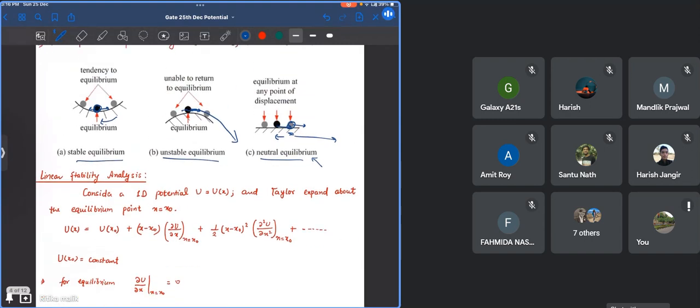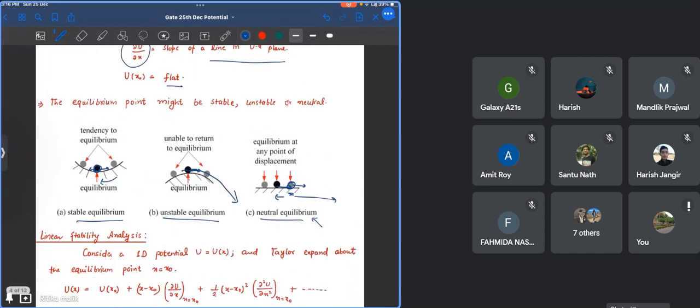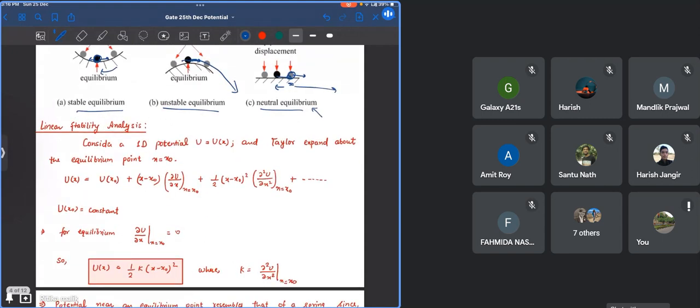So whenever we try to find the formula in terms of potential energy for stable and unstable equilibrium, what we do is we do the Taylor series expansion of our energy about the equilibrium position. So this is your potential energy, and you just do the Taylor series expansion.